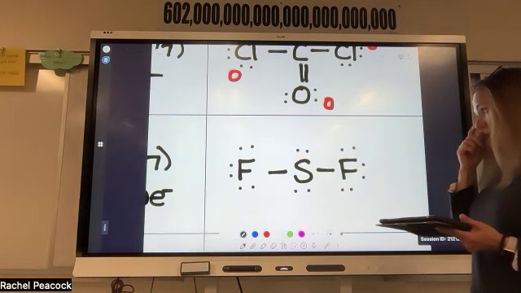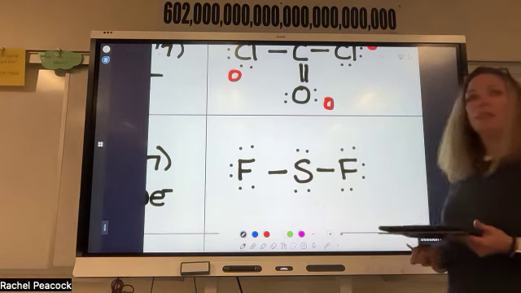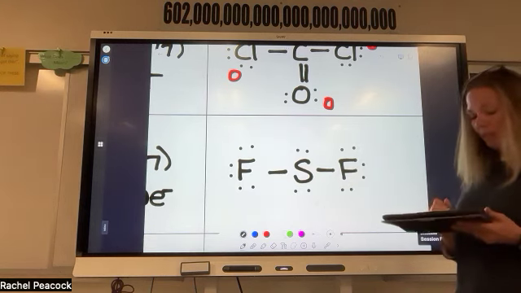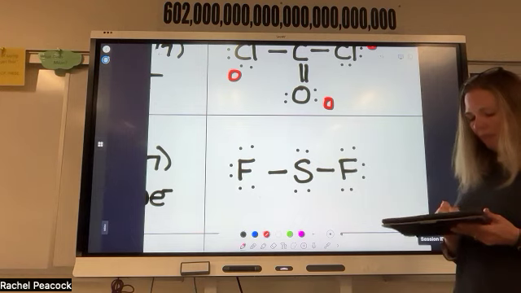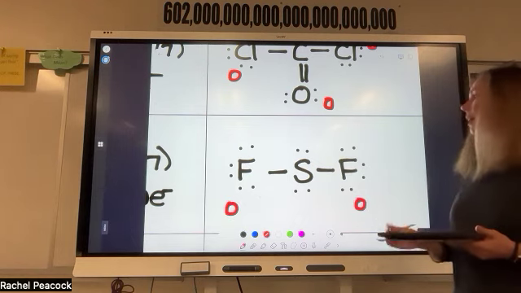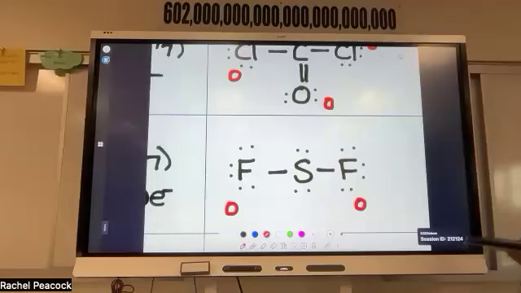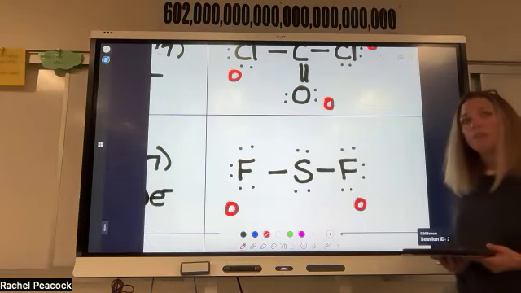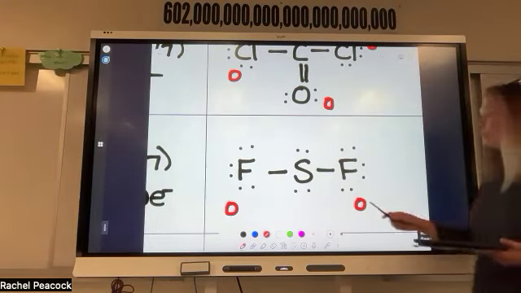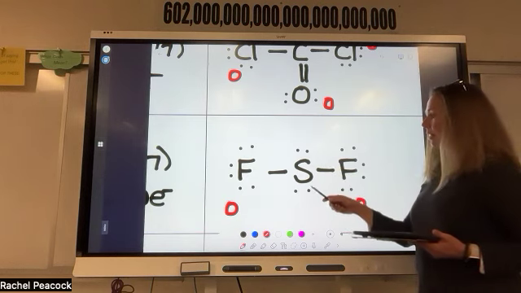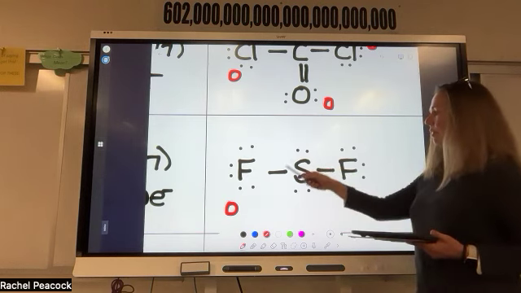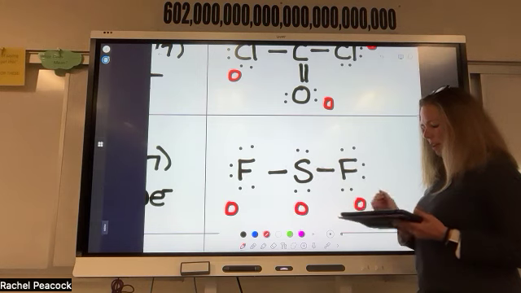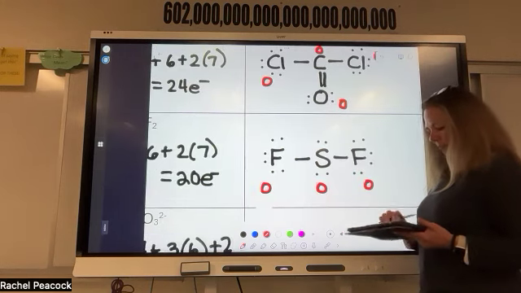What are the formal charges on fluorine? 0, because 7 minus 7, right? So each one is 0. And what's the formal charge on sulfur? Also 0, because sulfur has 6 valence electrons, then 1, 2, 3, 4, 5, 6. Okay, good. All right.